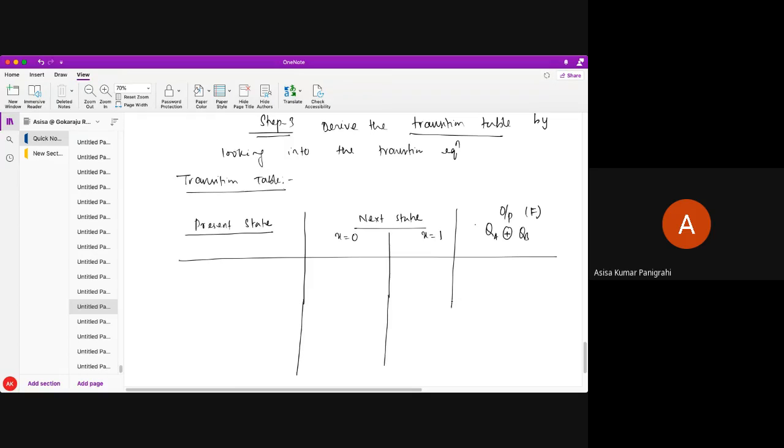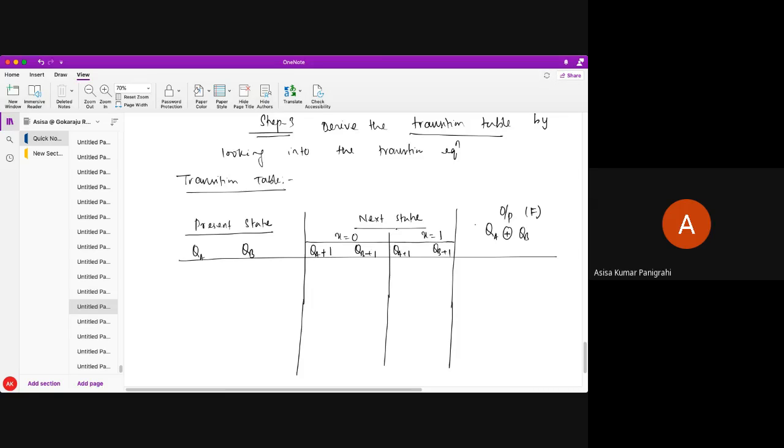Now tell me what my present states are. My present states will be QA and QB. And what are my next states? Next state will be, for x equal to 0, QA plus 1 and QB plus 1. For x equal to 1, I have QA plus 1 and QB plus 1. Do you all understand, students, what I am going to do? For input x equal to 0, I have a certain next state.